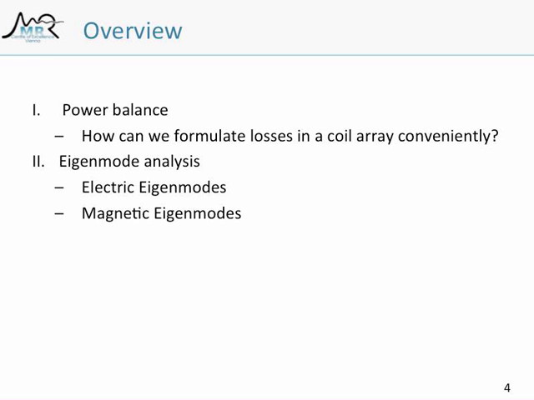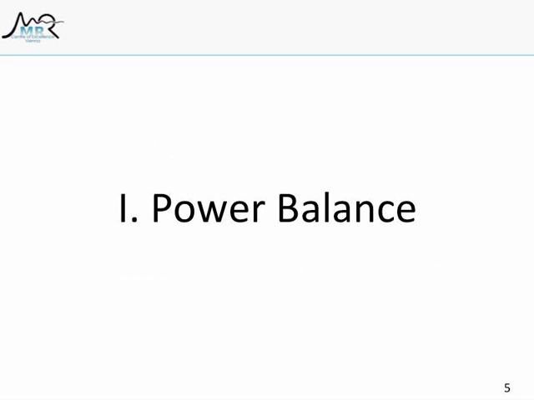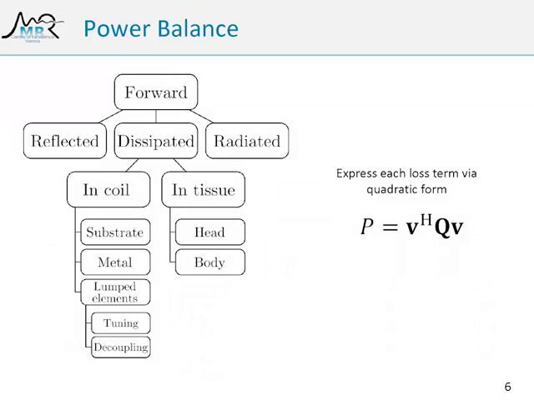It's nothing really new. It's relatively old, looking at coil arrays like this, but I don't know why it's seldom used in that context. And lastly, I will come to SNR analysis and maximum efficiency B1 shimming analysis, and how you can easily do those.